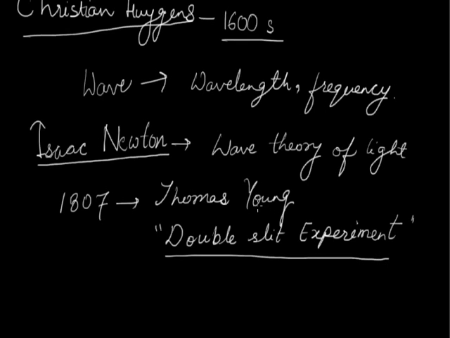See, what is the double slit experiment of Thomas Young? Thomas Young took two slits. From these two slits, the light waves are allowed to fall.